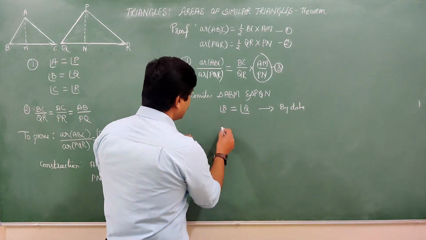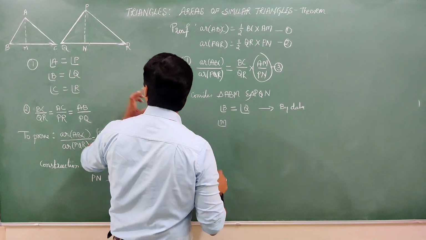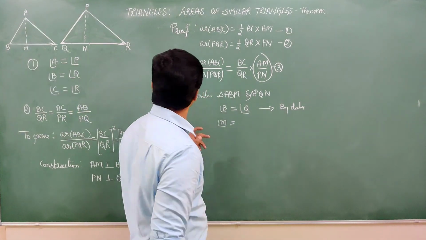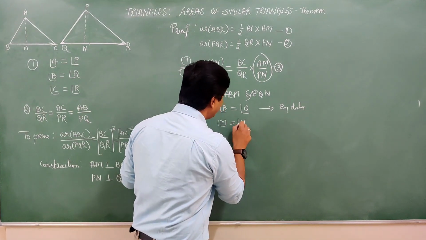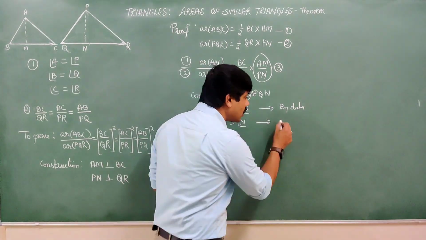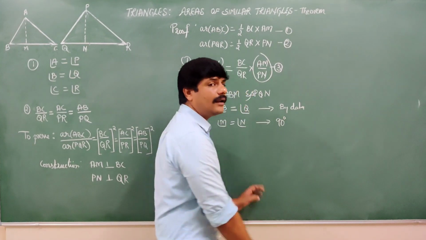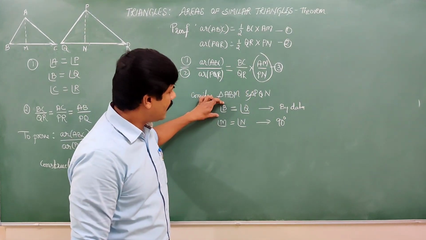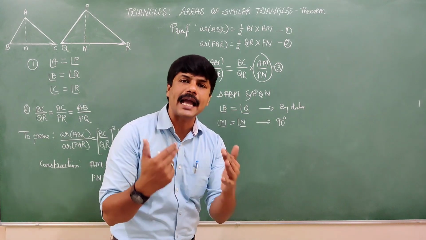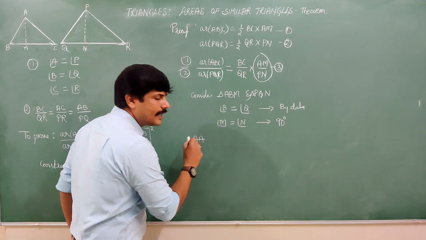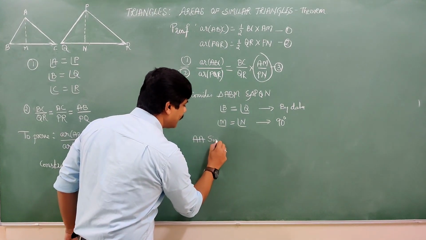And then you see that angle M of triangle ABM is equal to angle N of triangle PQN. How? Because they are perpendicular. Both are 90 degrees. Therefore, two corresponding angles are equal.